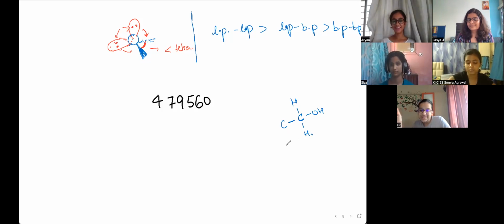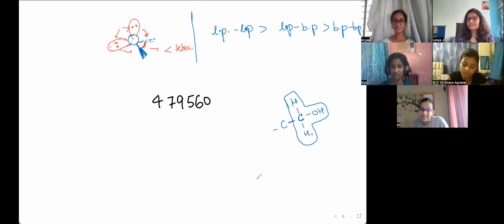If there is one carbon and then OH attached to it, it'll obviously be CH3OH because 1, 2, 3, 4 bonds. Where is the C2OH group there? If you're saying CH2OH group, it's CH2OH.